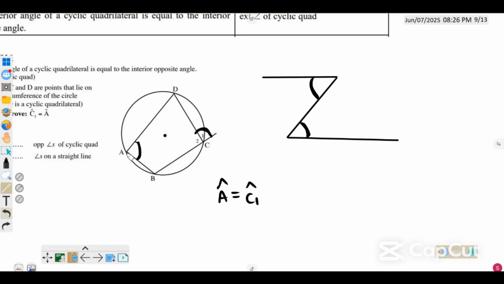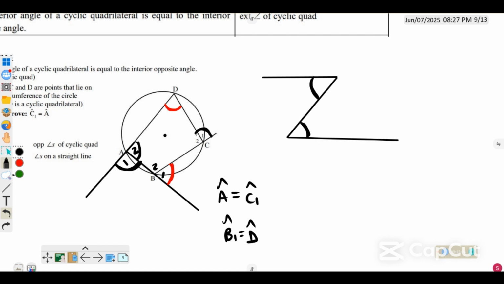And even if we produce AB, then have two angles B1 and B2 there. The angle B2, remember we skip. If it were parallel lines, this would have to be equal to that. But since it says interior opposite, you skip C2, then you choose D. So angle B1 would have to be equal to angle D. Even if we were to produce this one, such that we have A1 and A2, we go for A1, which is the exterior angle, the angle outside the cyclic quadrilateral.